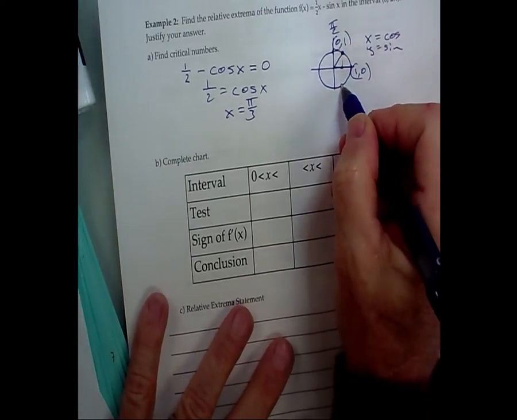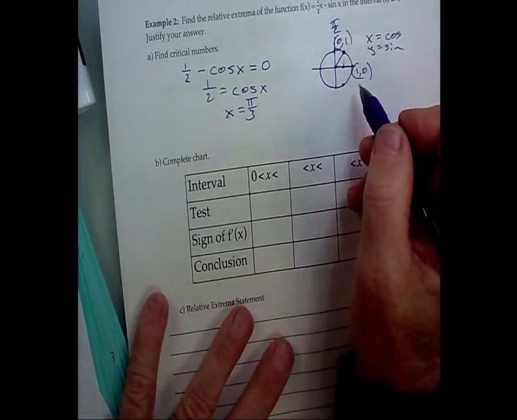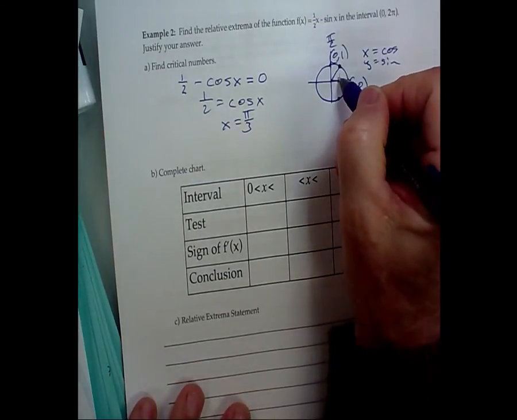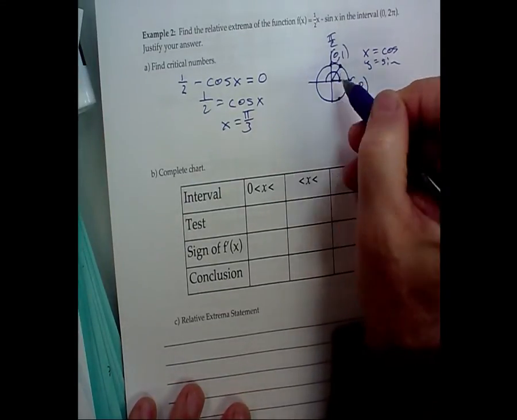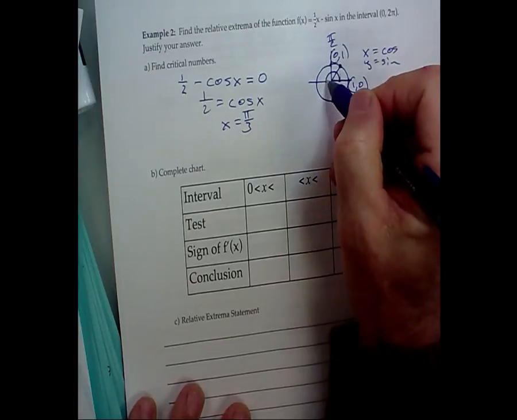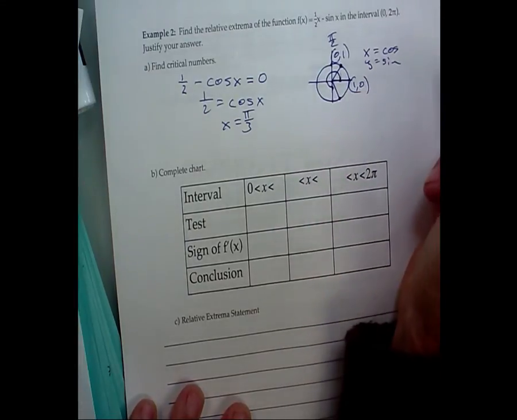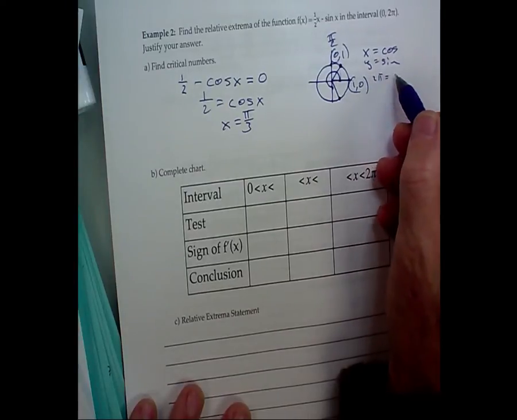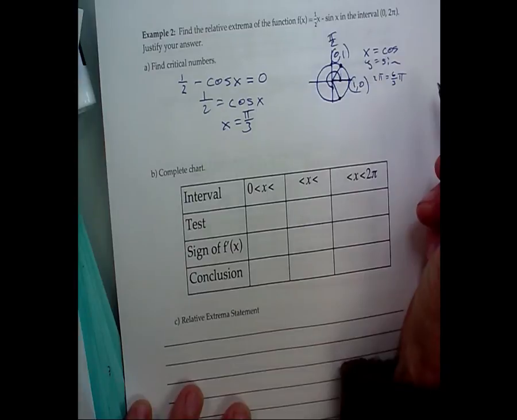Because x is positive in the first and the fourth quadrant. And I've got to go from 0 to 2 pi, so this baby has to swing around all the way to here. And I know this is 2 pi, and 2 pi is equal to 6 pi over 3. Correct? That's what I'm writing down to help me.